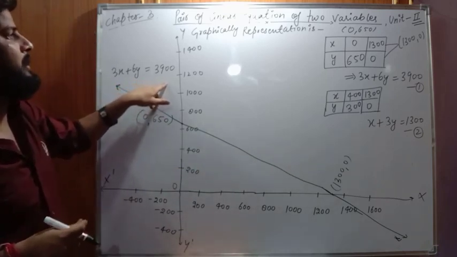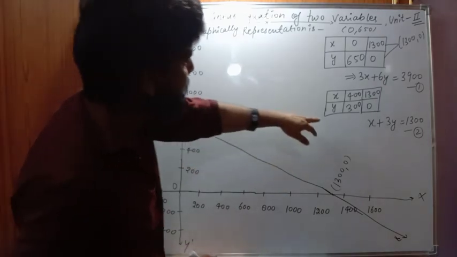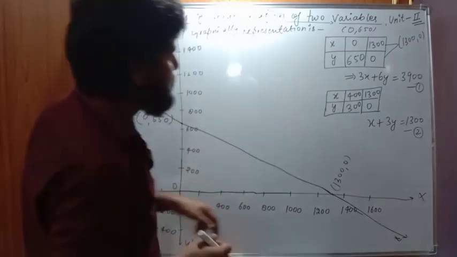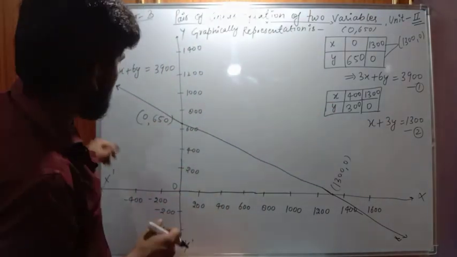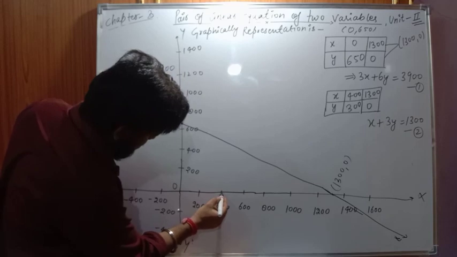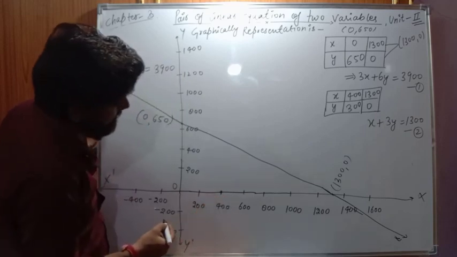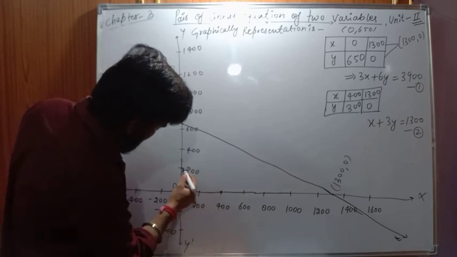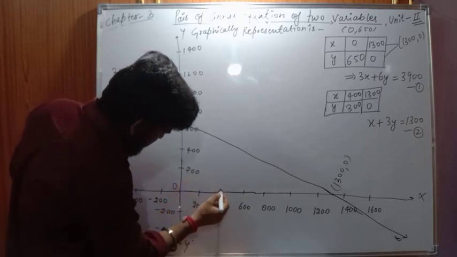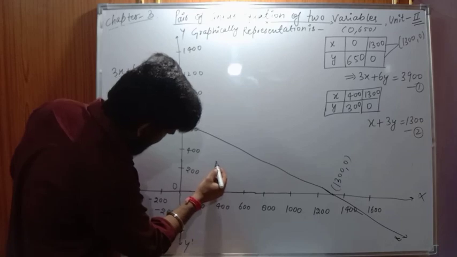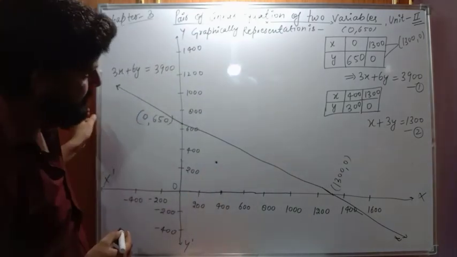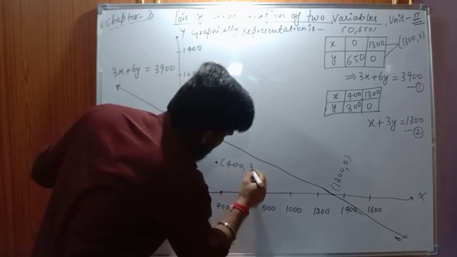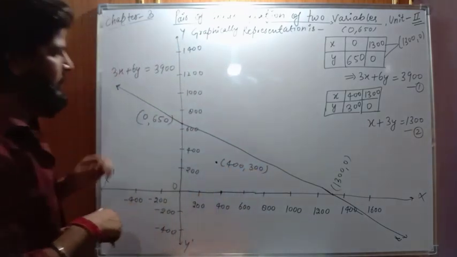After that, for the second linear equation, x is 400 and y is 300. So x is 400 is here, and y is 300. This is 200, and if we take approximately, so 400, 300.